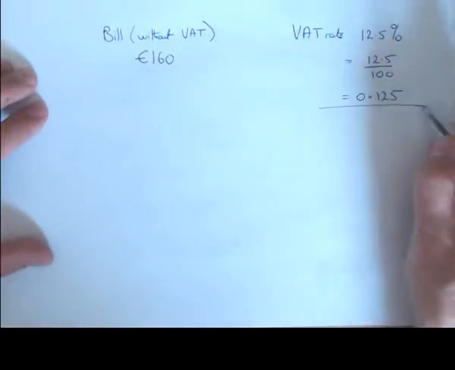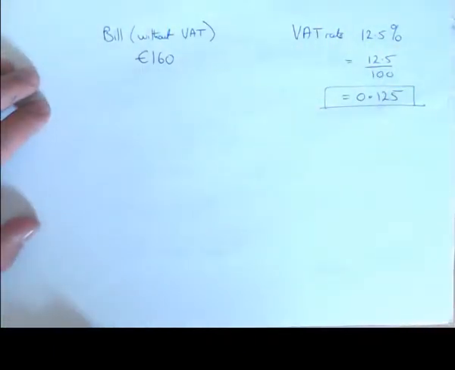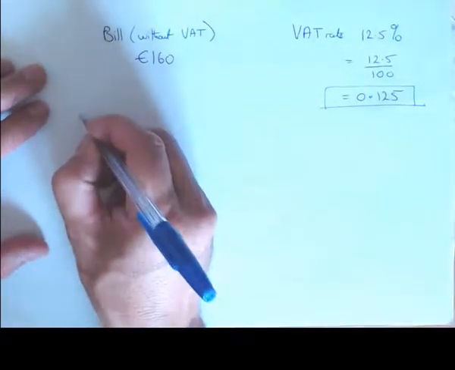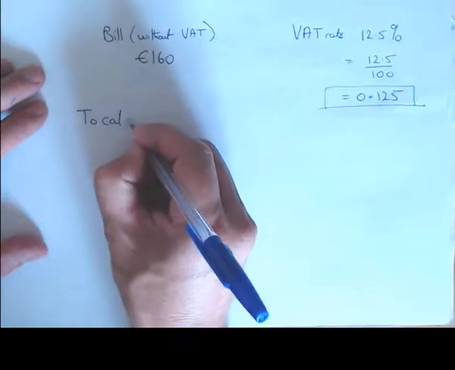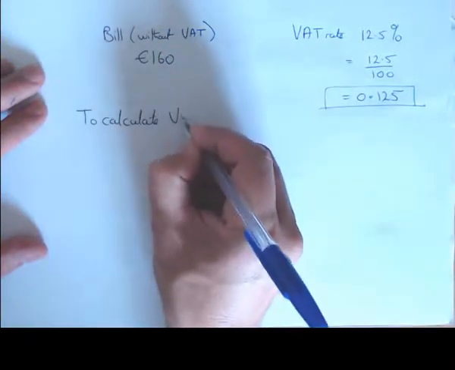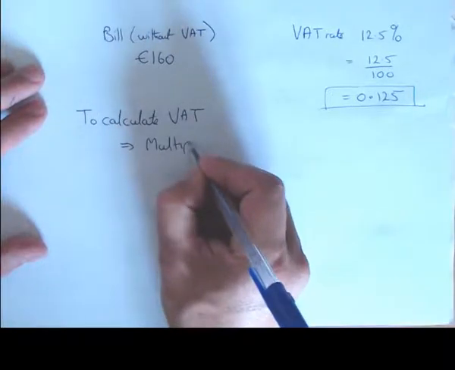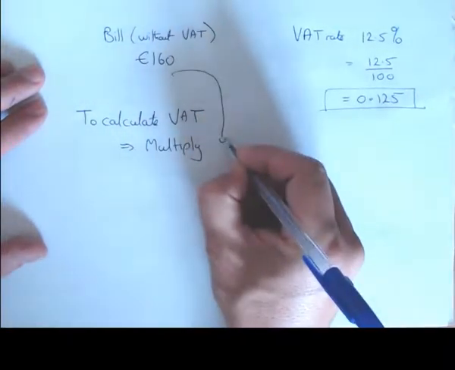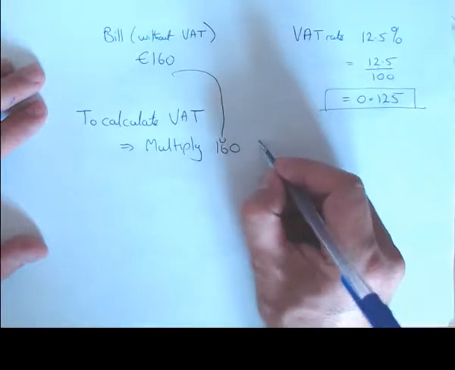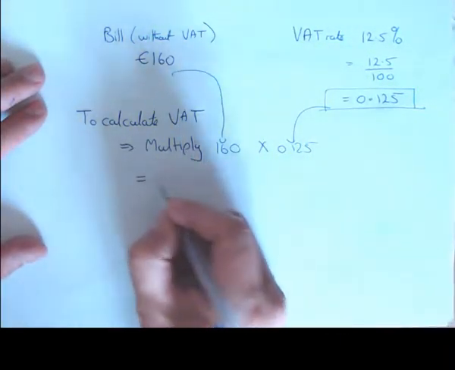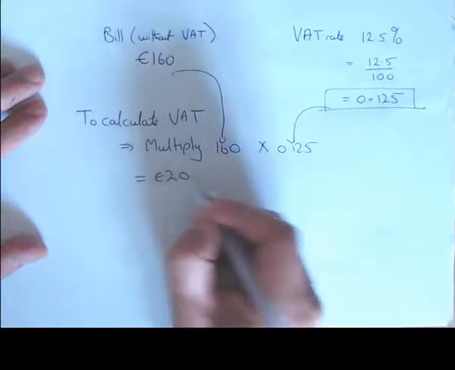We like to use decimals because they work well with our calculator. Now, when I want to calculate VAT, you would multiply this value, 160, by this value, 0.125, and you would get €20, and you would add that on.